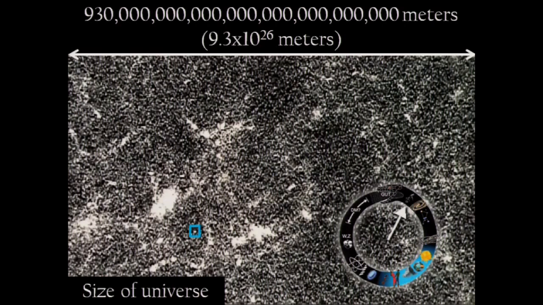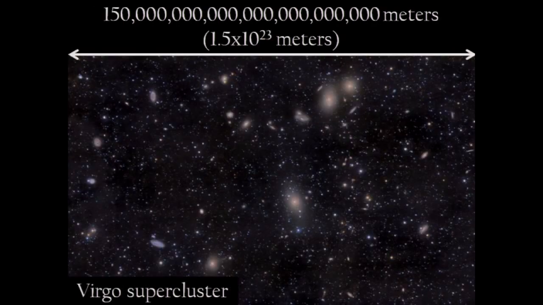And now let's zoom in to one of these little specks, which I said is a cluster of galaxies. That brings us into the Virgo supercluster, which is part of the supercluster that we're in. Each of these specks of light now is an individual galaxy. And here the size scale is 1.5 times 10 to the 23 meters, which means a 1 followed by 23 digits, 22 of which are zeros and 1 is a 5.